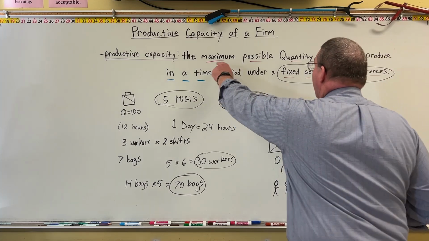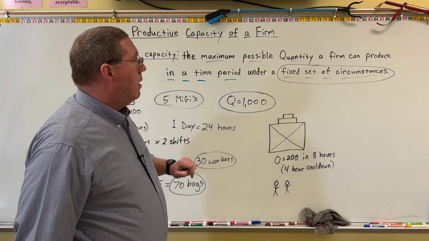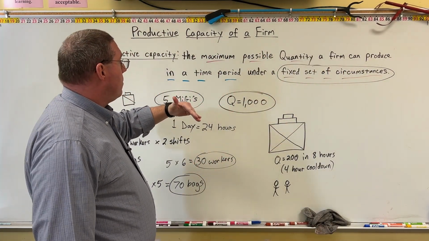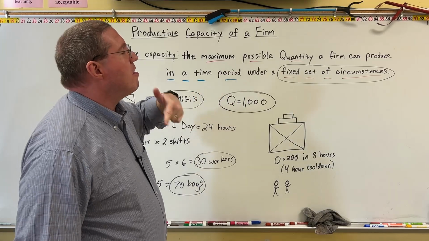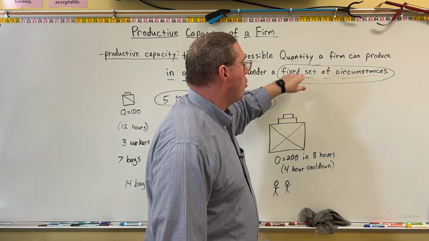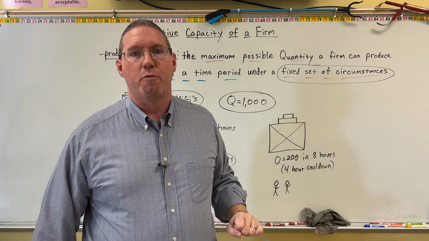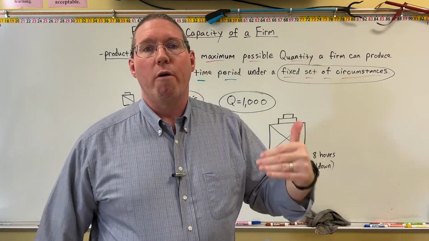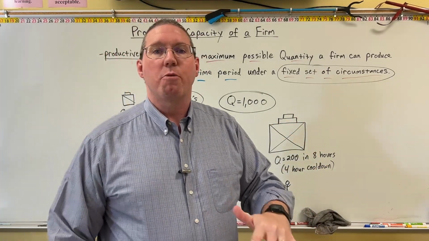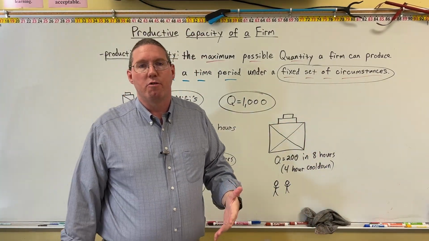The reason their maximum possible quantity is increasing in the same time period is because they are changing their fixed costs. They're changing their fixed resources. They are adding more fixed resources. And that's what's going on here. This is how businesses grow.